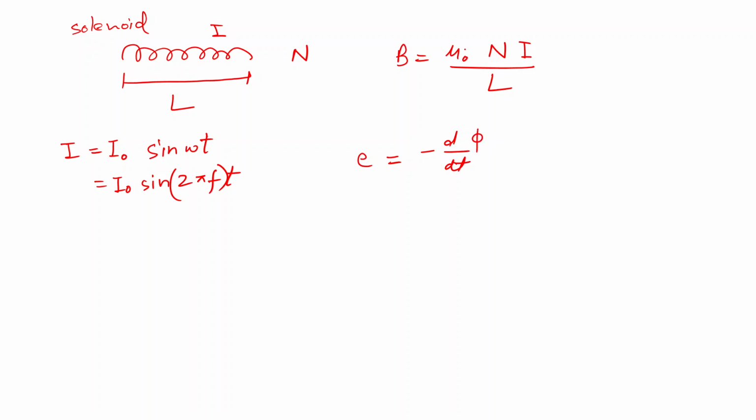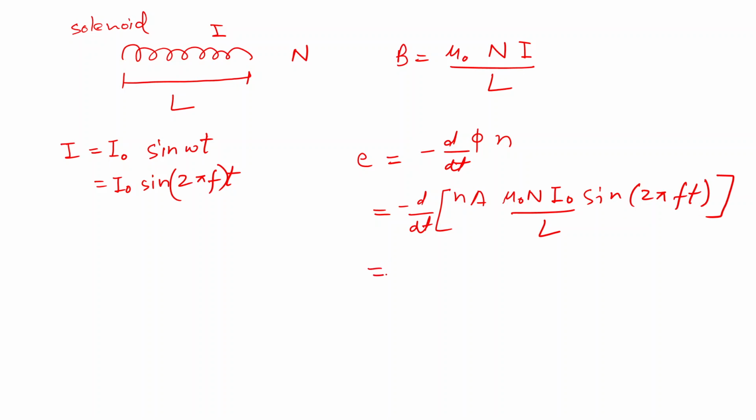This magnetic flux and this B, if I substitute, it will be minus d by dt of N A B, because here it will be phi. Yeah, this is the equation, right? N is the number of turns. Phi is B times A. Okay, so this will be mu naught N I naught by L sine 2 pi ft.